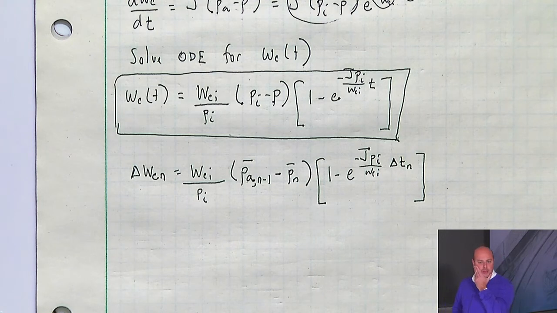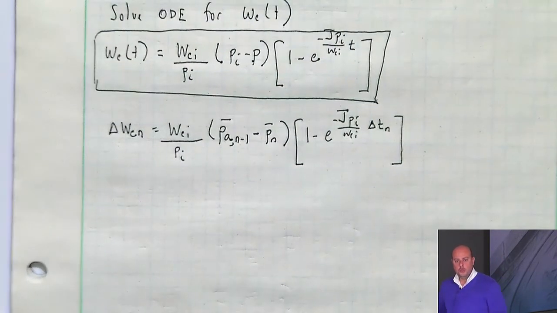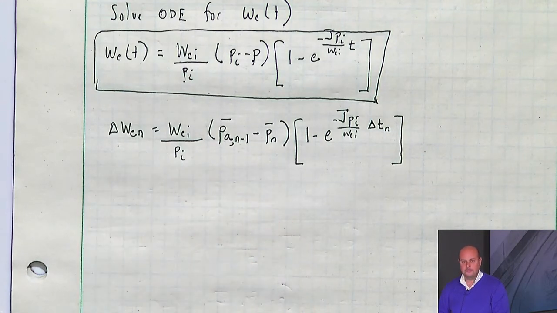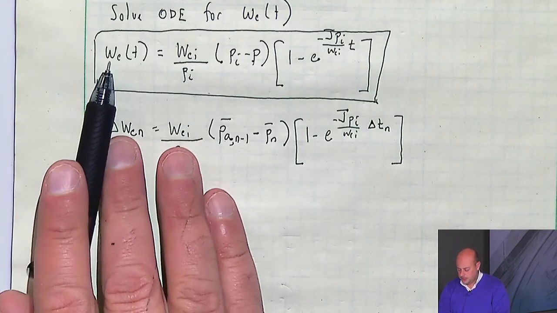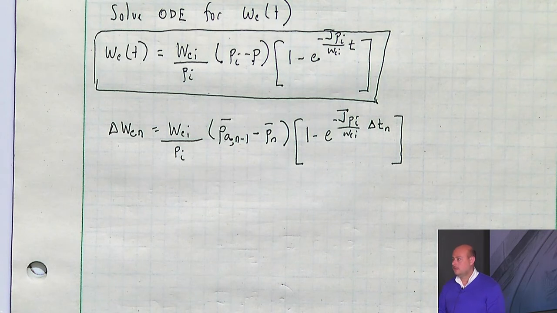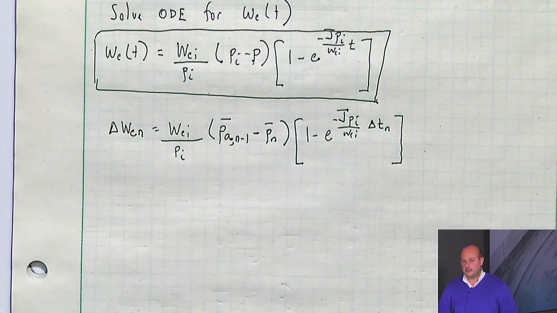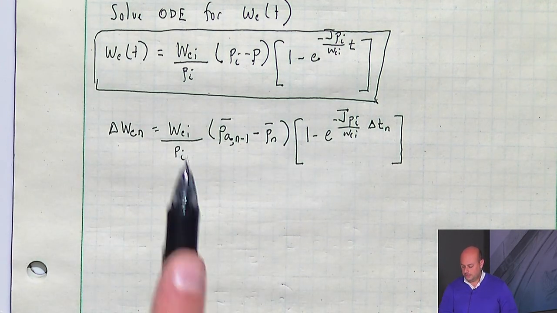Let me explain this for a moment. You should see some similarities between these two. The one I have boxed says that if I drop the reservoir pressure from Pi to P, and it stays at P for a really long time, this would be the amount of water I would encroach at the end of that time.